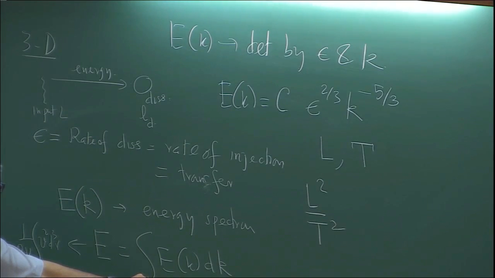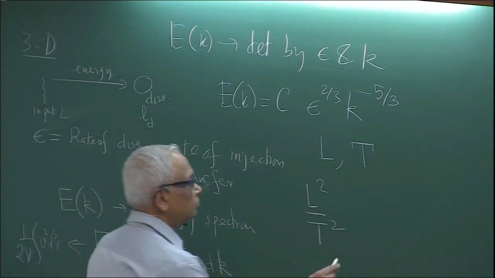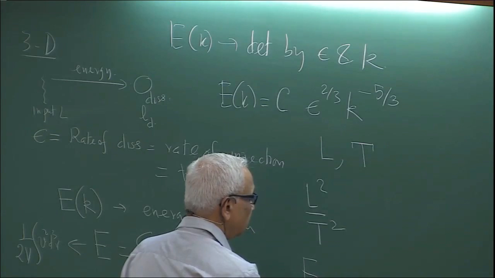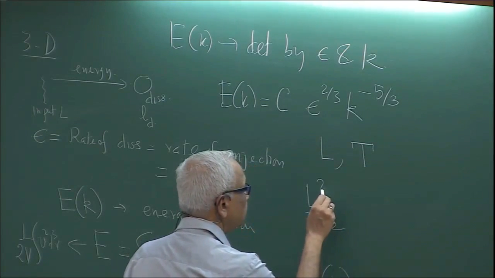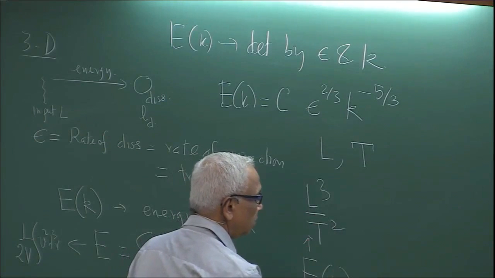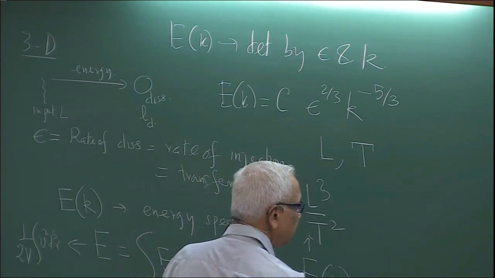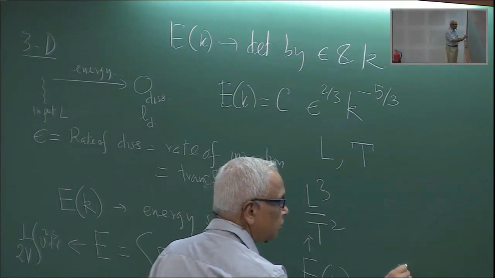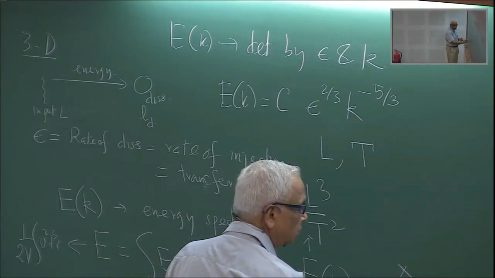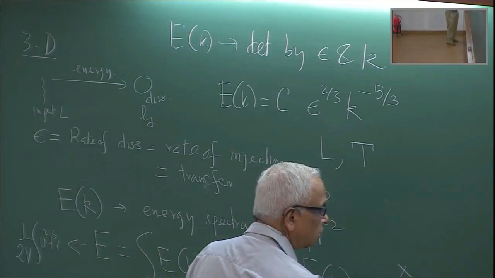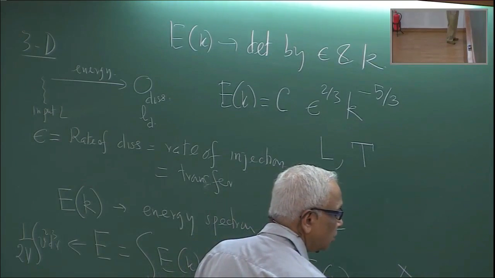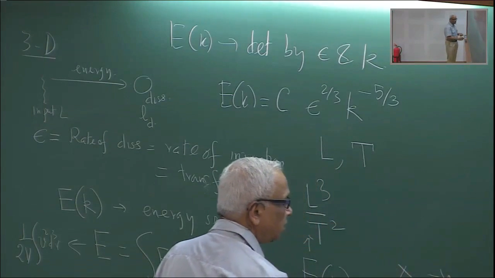L cubed by T squared. So E(k) is going to be L cubed by T squared, which I'm claiming is determined by epsilon to the power x, and k to the power minus y.